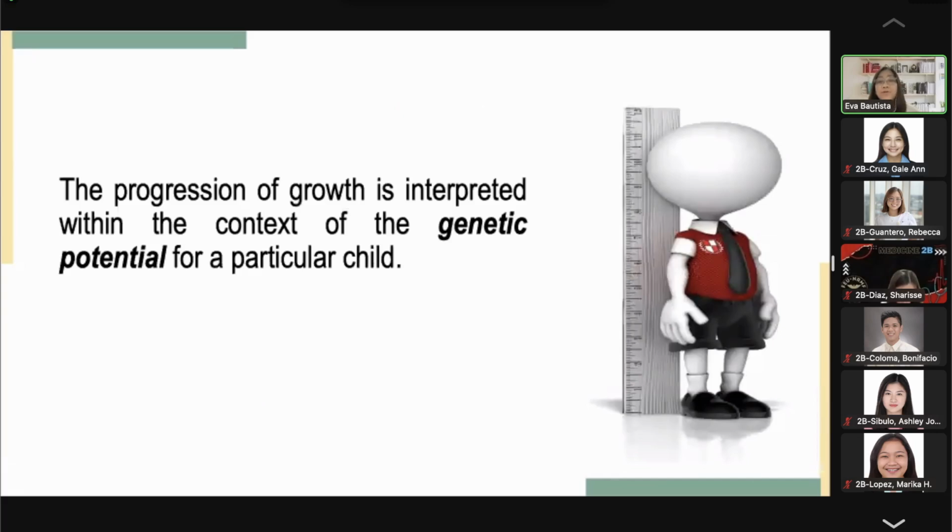The progression of growth is interpreted within the context of the genetic potential of the child. So when we interpret growth rate, we also look at the family history. Are the parents tall? Are the parents short? We consider that because the child may be healthy without illnesses, with the usual growth rate, but shorter than their counterparts.